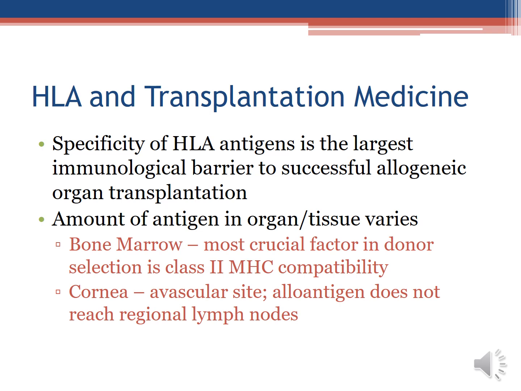So when you have cornea transplants, they will not do any HLA matching because it's not near any vascular site, so it doesn't have blood running directly to it, so we don't have to worry so much about it being rejected.